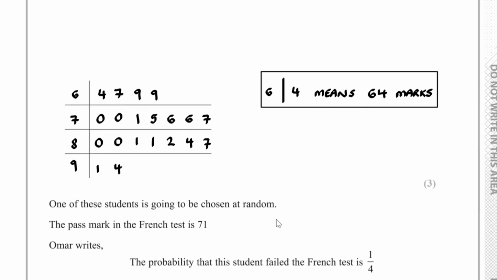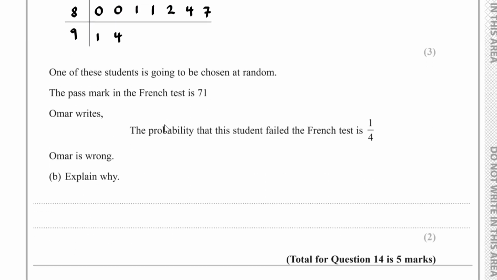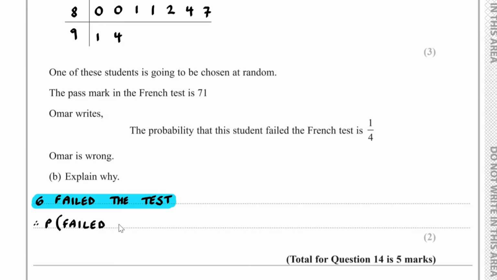So the pass mark is 71, which means 1, 2, 3, 4, 5, 6 of them scored lower than 71. In other words, 6 failed the test. So therefore, the probability that this student failed the test, well, we have 6 out of 20 students in total.